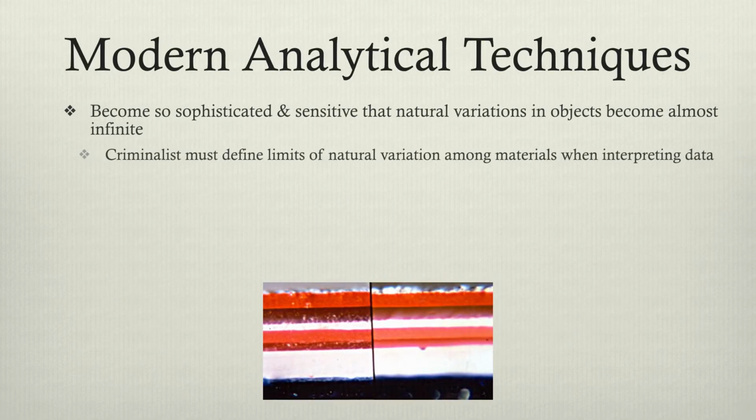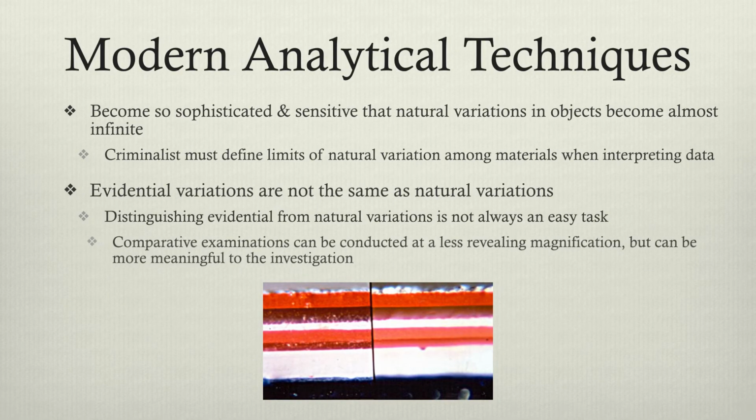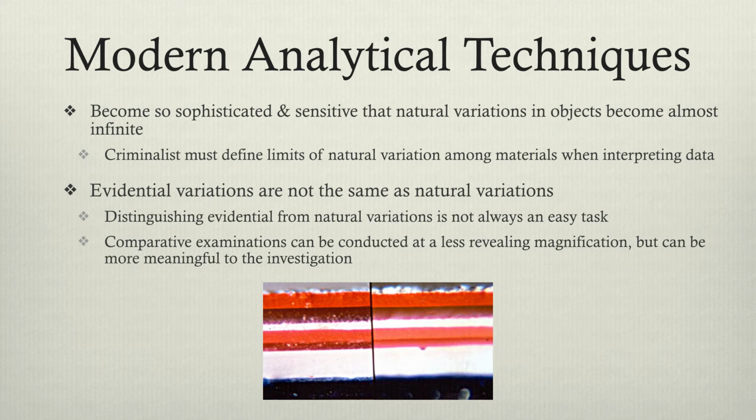Modern analytical techniques have become so sophisticated and sensitive that natural variation in an object becomes almost infinite. If scientists were to carry the natural variation to an extreme, no two things in this world would ever be alike.